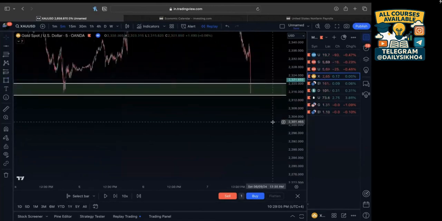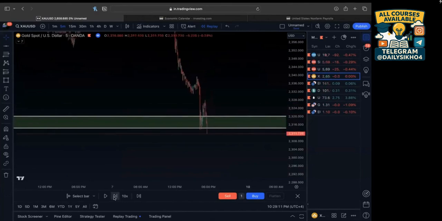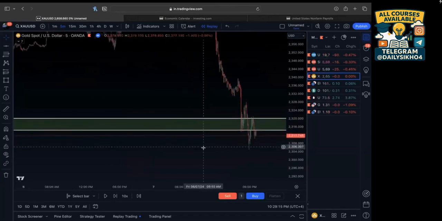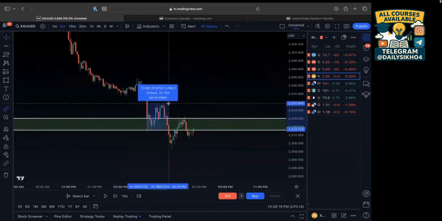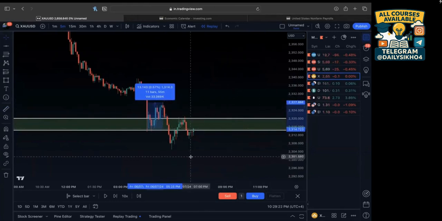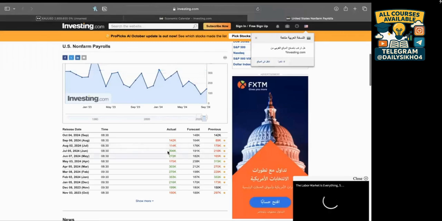So if you had placed your limit orders, you would have made some money at least. That's like what? 130 pips. But again, with more than expected, price gave a very weird reaction.